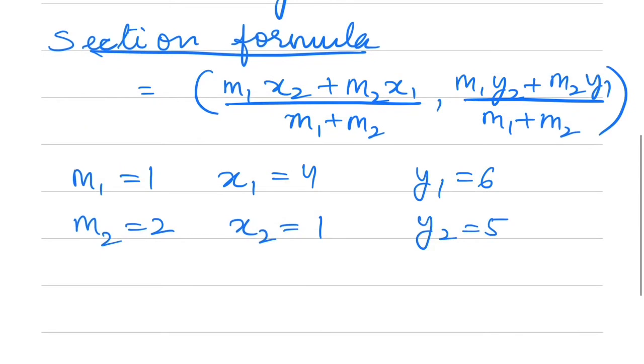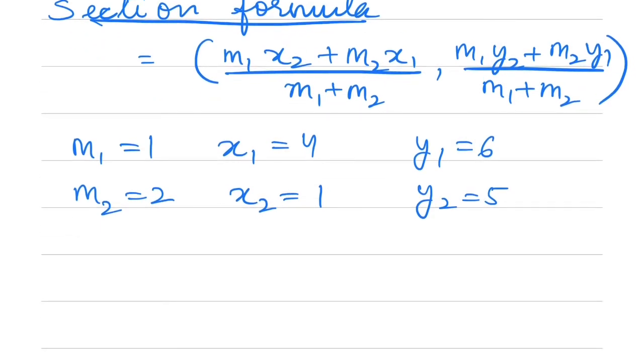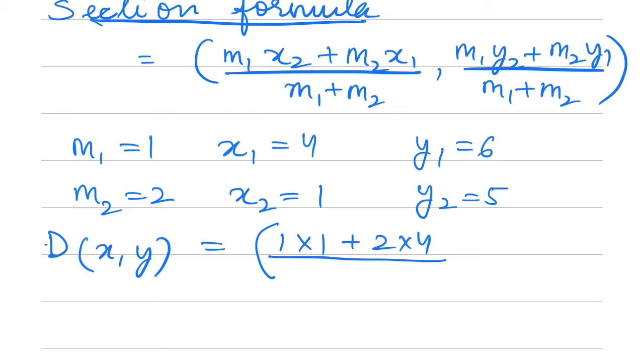So now let's substitute. So coordinates of point D for x, y is equal to (1 into 1 plus 2 into 4) divided by (1 plus 2), and for y coordinate we have (1 into 5 plus 2 into 6) divided by (1 plus 2).